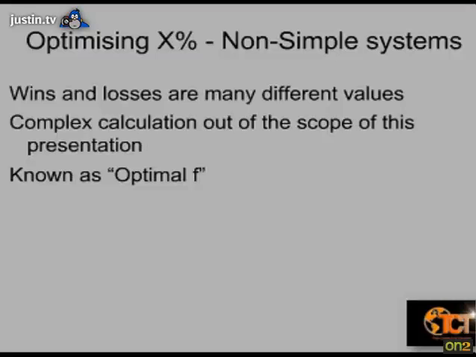In the literature, it's known as optimal F, and you'll see some references to it in some of those books that I referred to earlier, or you can search on Google, etc., for optimal F. But basically, the way to find what this optimal figure is a little bit brute force, if you like. All we do is we take our system, we run it through a back tester with 1% risk or 2% or 5%, and we just run it through with each different value until we get to the value which peaks at gross profit. That gives us the optimal F figure. So we know what is the best X% number that we throw at a system to maximise the profit return from.